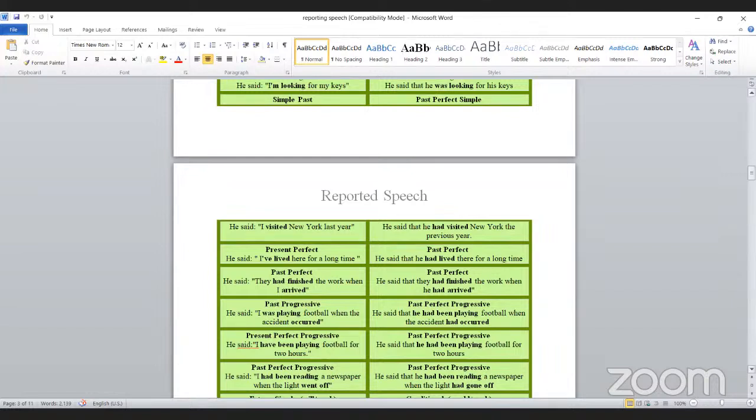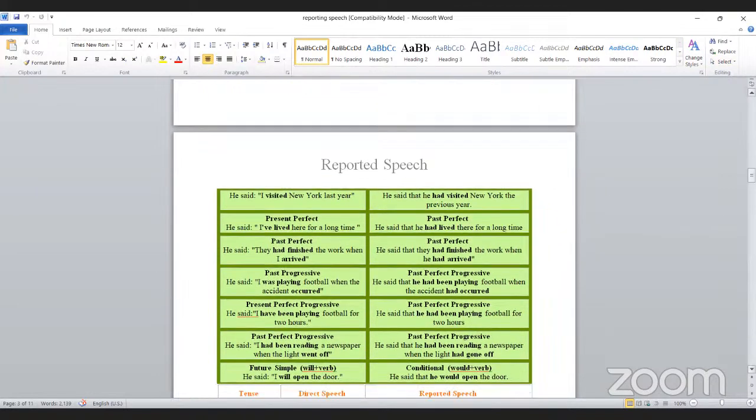Present perfect progressive. He said, I have been playing football for 2 hours. So it should be in past perfect progressive. It's in a back shift mood. He said that he had been playing football for 2 hours. And if it's in past perfect progressive, there's no change.